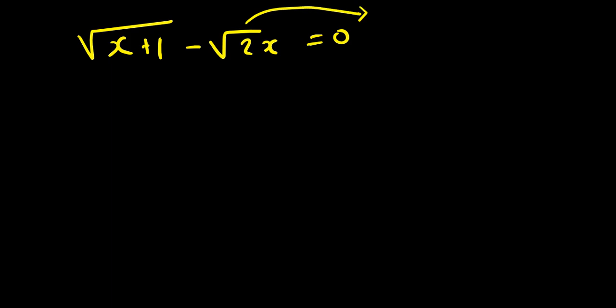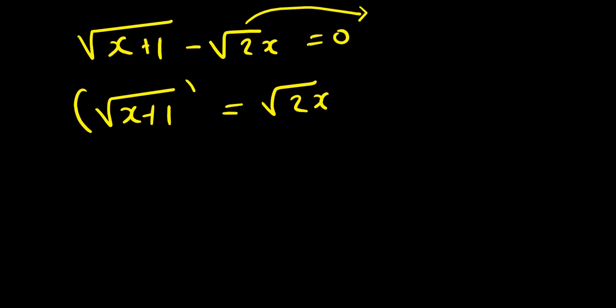So we have the square root of x plus 1 equals, when the other one goes to the other side it becomes positive, the square root of 2x. Now you can square both sides.